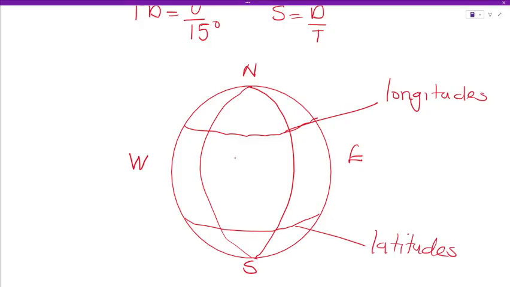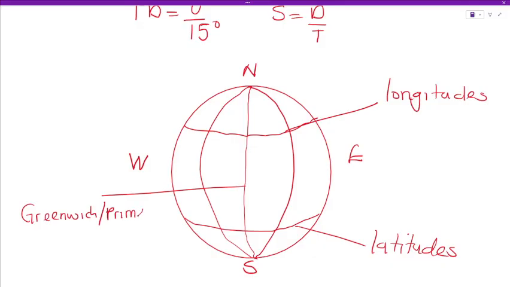There is one special longitude which runs right at the center of the globe. This one is called the Greenwich or prime meridian.